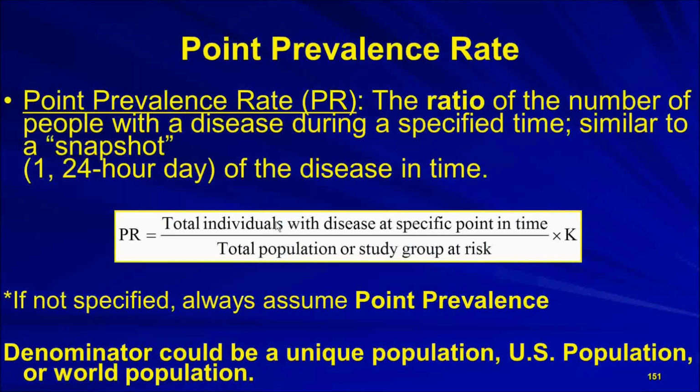All right, so I want you to keep that in mind. And again, if it's not specified, it's always point prevalence. Okay, the denominator that we've been talking about, again, just as a review, I'm not saying anything different, is a unique population, a U.S. population, or the world population.